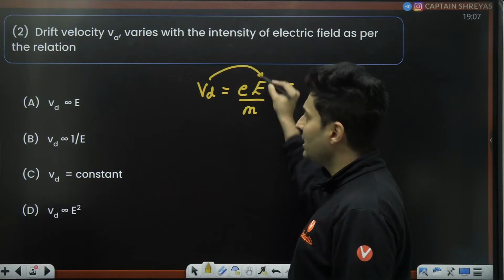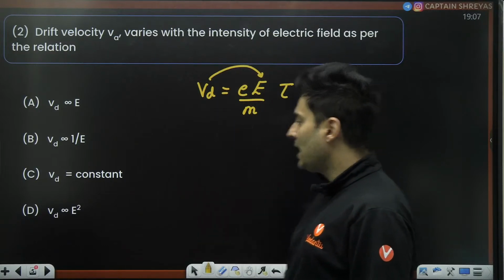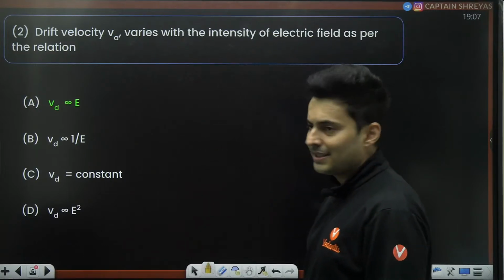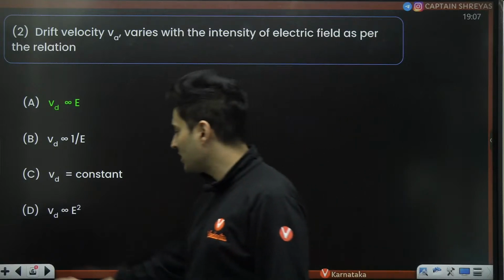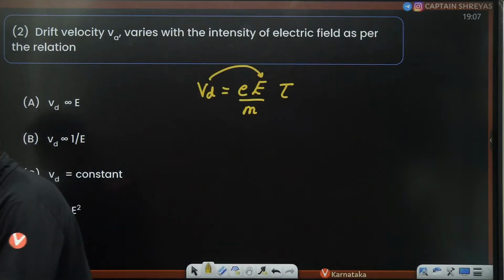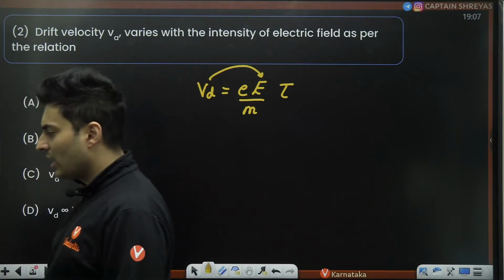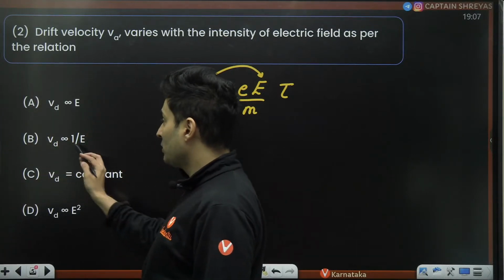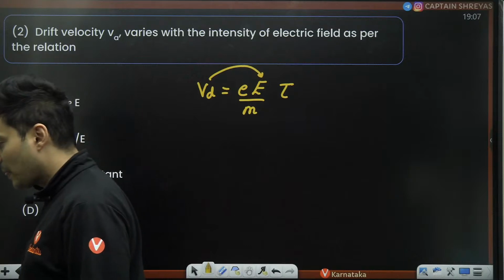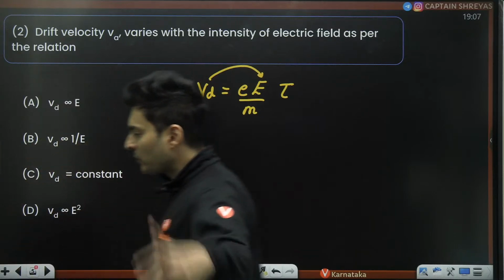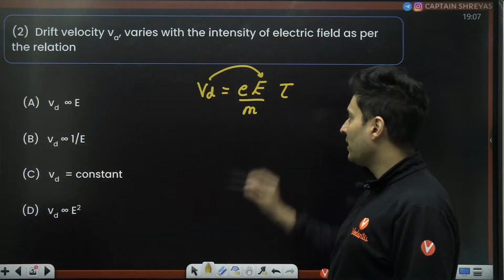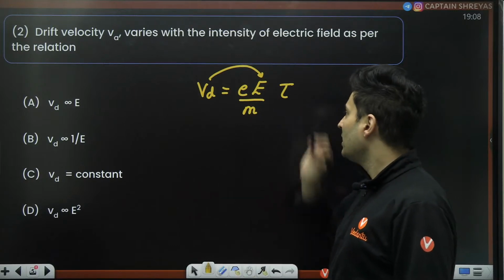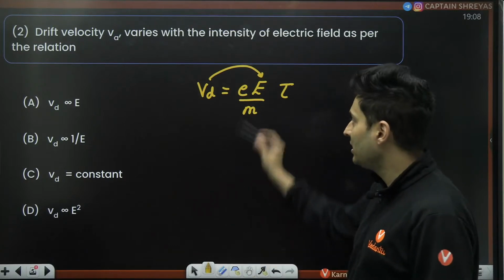So drift velocity is directly proportional to the electric field, option A. Very good. Many of you are getting the correct answer. No, it is not option B. Let me make a small correction. It is proportional to the electric field, inversely proportional to mass, and directly proportional to relaxation time as well as the electron charge.